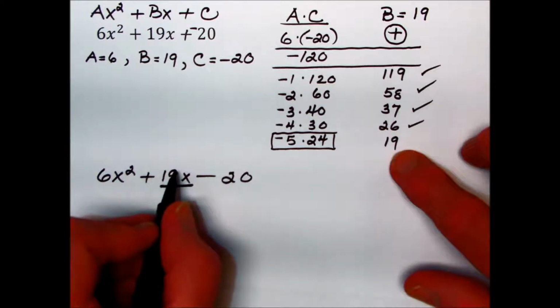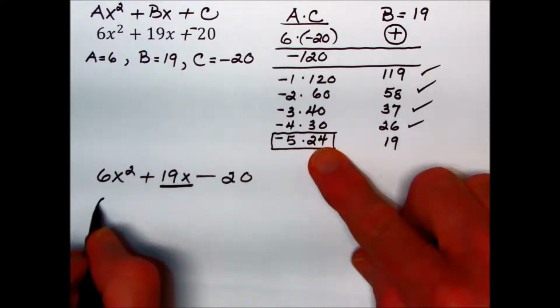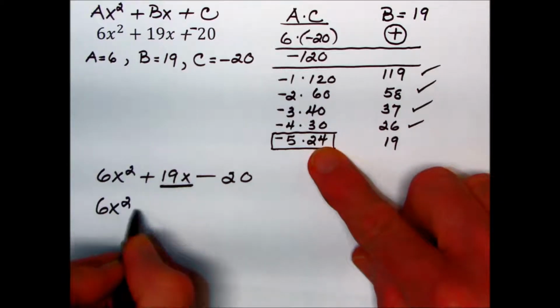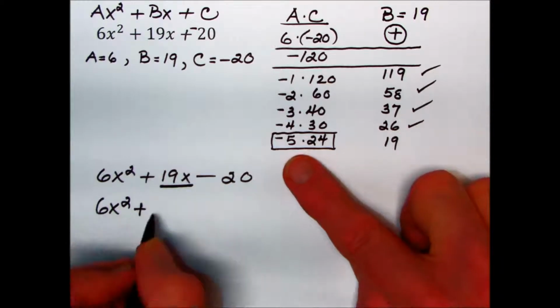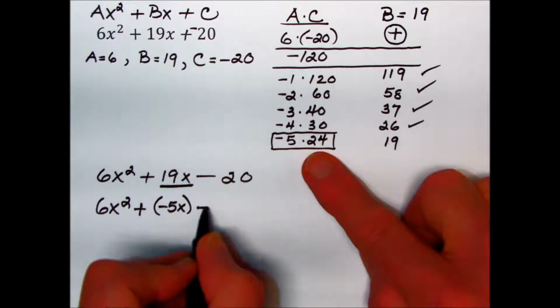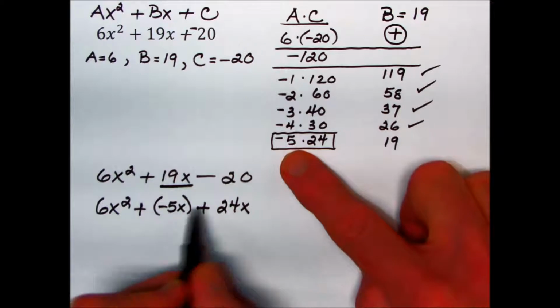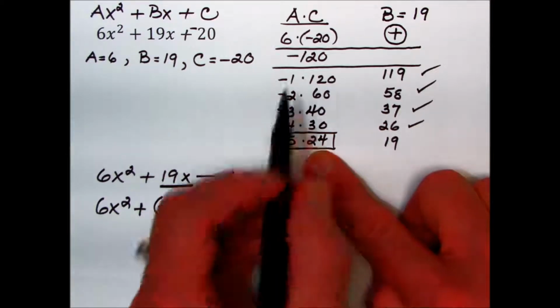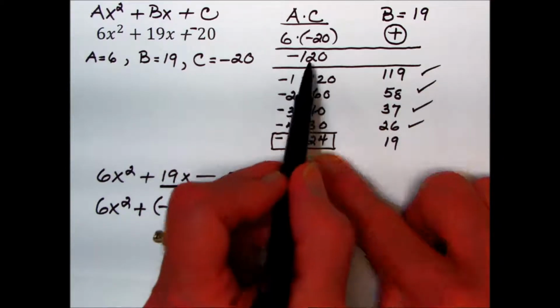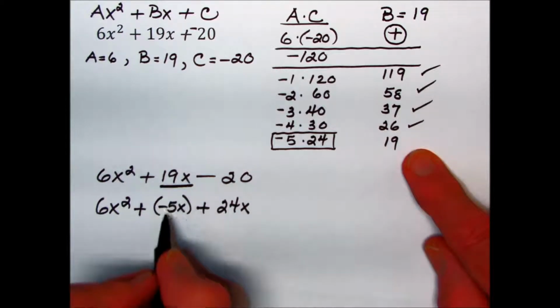I'm going to replace my 19x with these two factors that I just found. And temporarily it's going to look worse than it is. So I'm going to put a plus negative 5x plus 24x, and I'm getting the negative 5 and the 24 from the pair that multiplied to equal our negative 120 and added up to be 19.